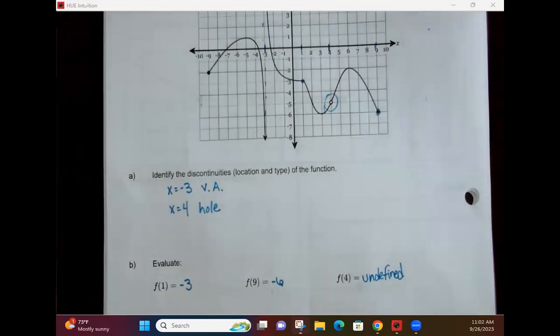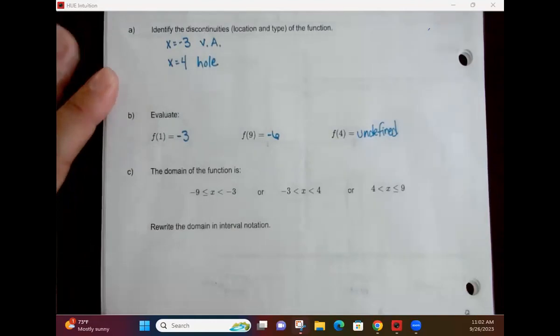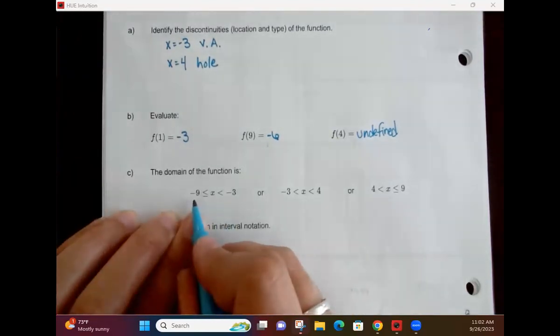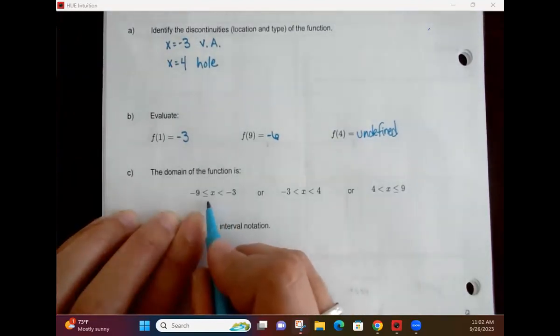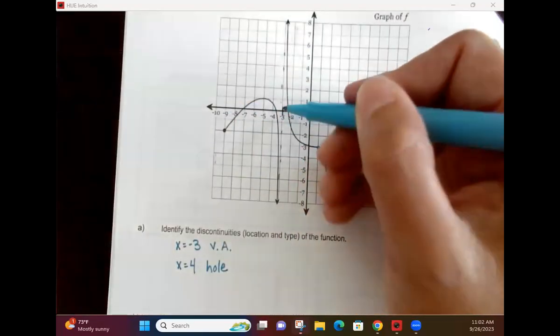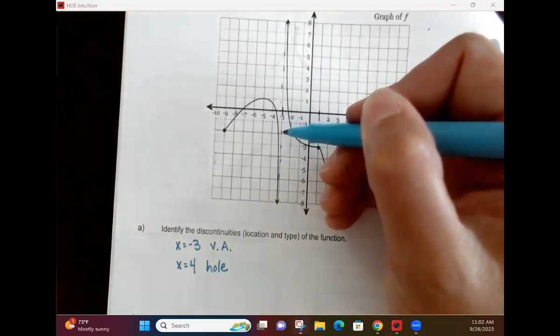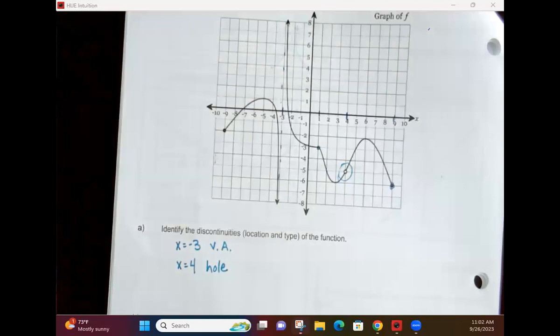So now if we bring domain back into the conversation, right? We talked about domain yesterday. We were to give the domain of this function in inequality notation. It's given here for us. So x has got to be greater than or equal to -9. So I have a filled in point at -9. And then at -3, we have this vertical asymptote, which means x cannot be -3. I've got to split up my domain inequality there.